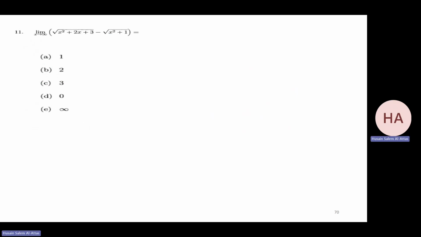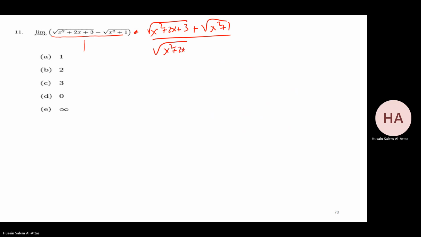x goes to infinity of this. You need to rationalize it. You have infinity minus infinity, so you need to rationalize it. See what will happen. It seems to be complicated. I don't think so. Inshallah, we'll reach the answer quickly.